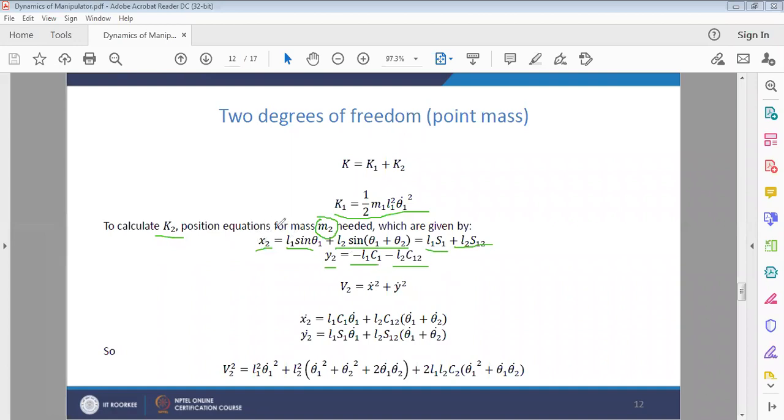So these are the coordinates x2, y2 for the mass M2 at the end of the manipulator. If you want to know in detail how we got it, let us look at the figure.